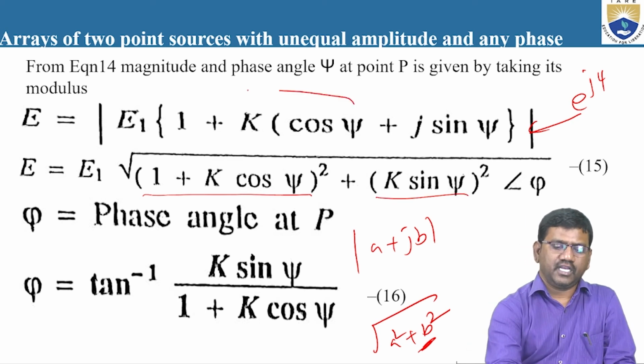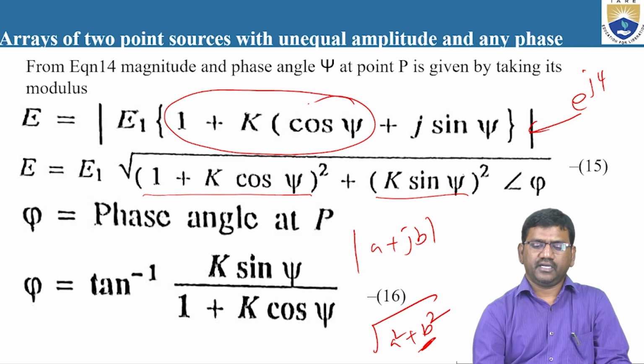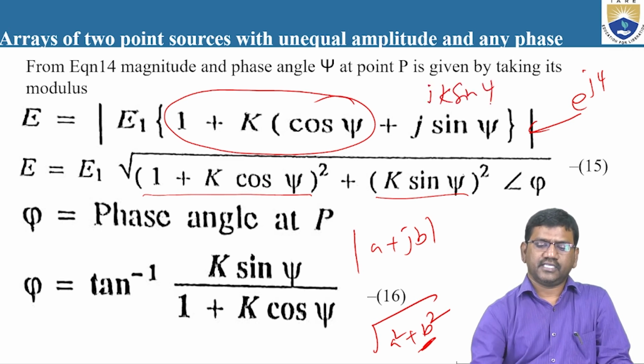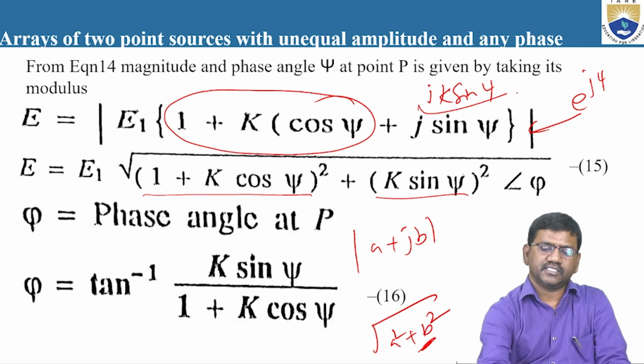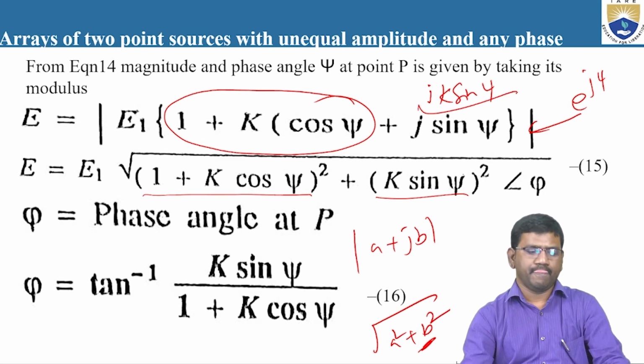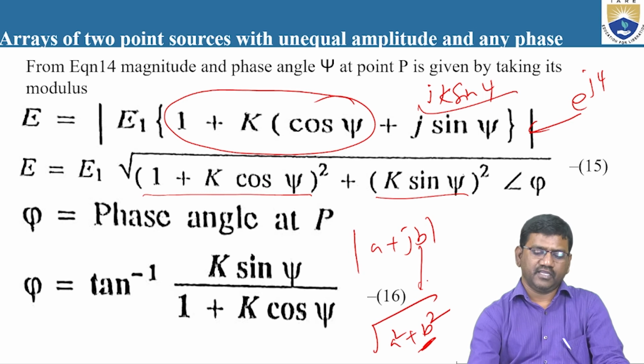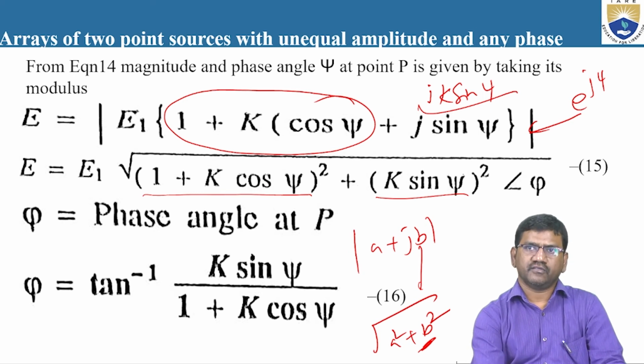Here 1 plus k cos psi is the real part, and jk sin psi is the imaginary part. So taking the real and imaginary parts, you will get the root of a square plus b square.